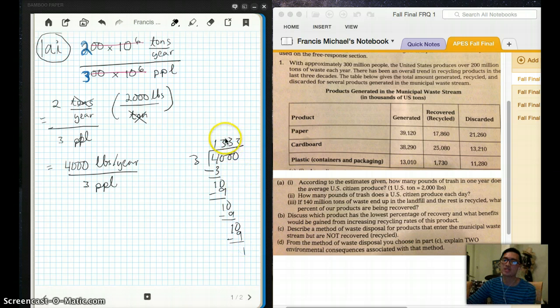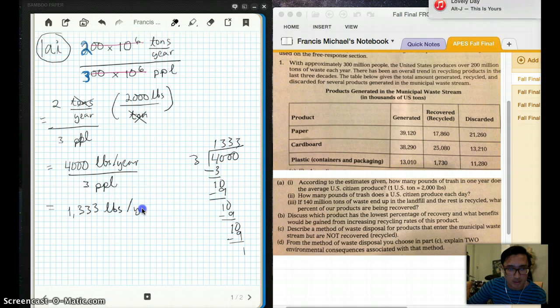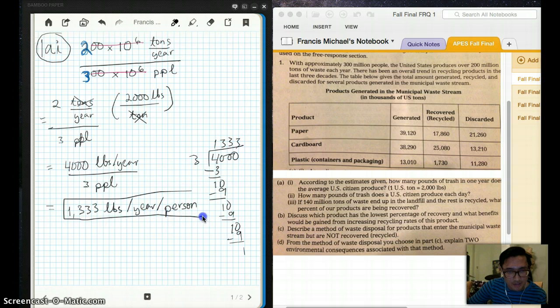Okay, so let's just say it's 1,333 pounds, right? Because we divided it by 3, we can now say, oh, for every person, we're going to produce 1,333 pounds of trash every year. So let's go ahead and box our final answer. That makes it really easy for the grader to see.